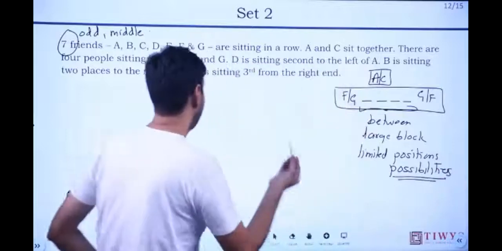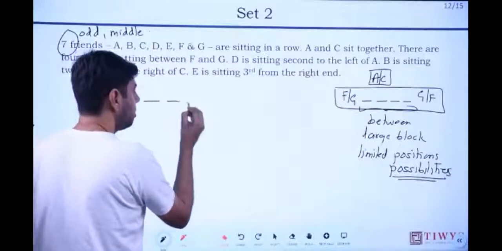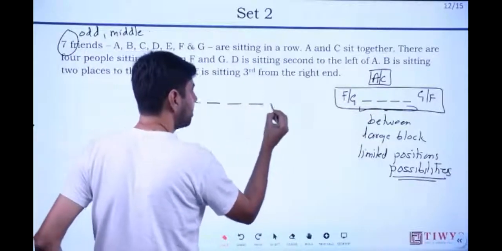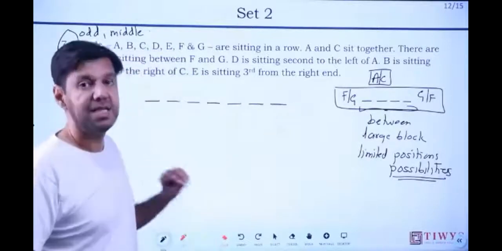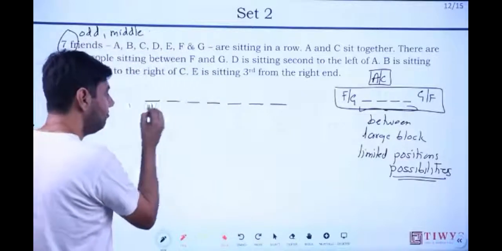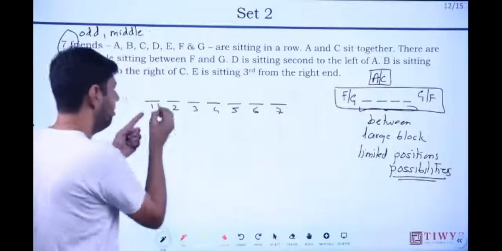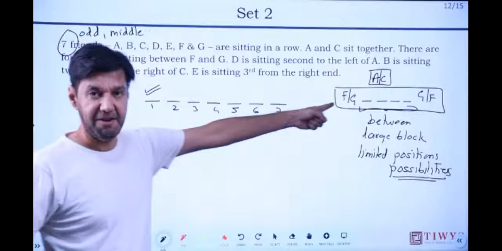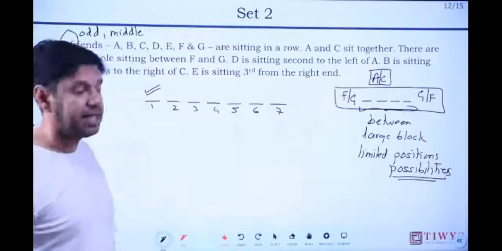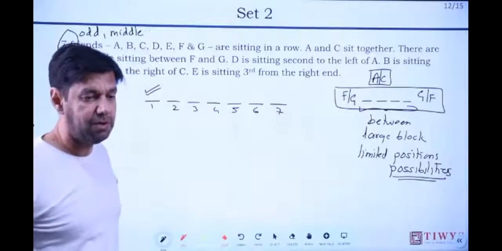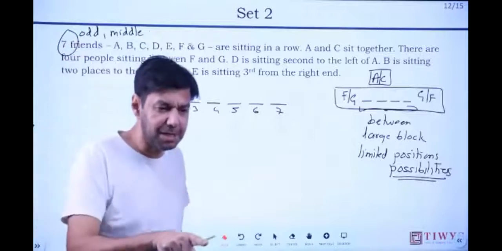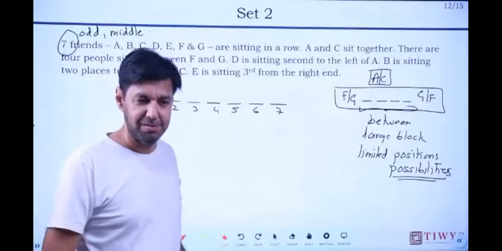So pay attention to this. 1, 2, 3, 4, 5, 6, 7. Where can you place FG? Think about it. If 1 is one of the ends of FG, then where is the other end going to be? Quick. Anyone, you can even use your mic. You just have to press the space bar and speak it out.